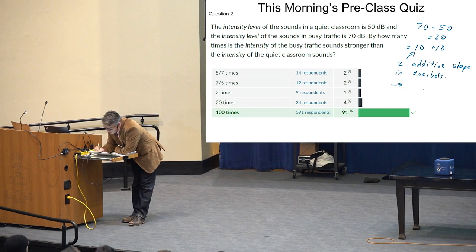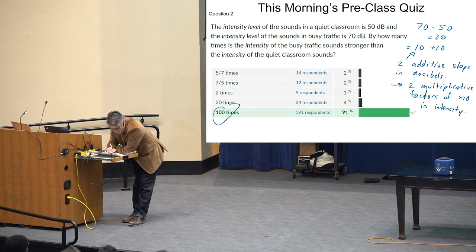And what this corresponds to is 2 multiplicative factors of times 10 in intensity. You could just do the logarithms, I guess, but that's why it's 100.